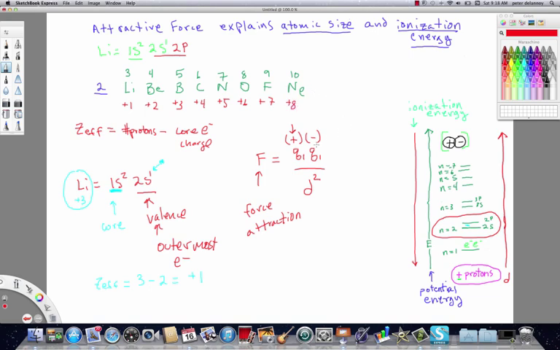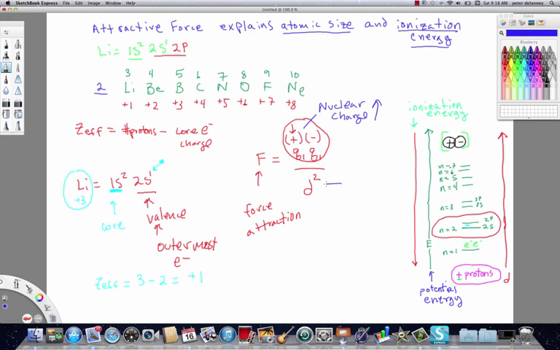So you can see that what's happening as we go left to right across a period in the periodic table, that the nuclear charge, this effective nuclear charge, is increasing. It's going up dramatically. We go from +1 to +8 as we cruise across period number 2. It's going up.